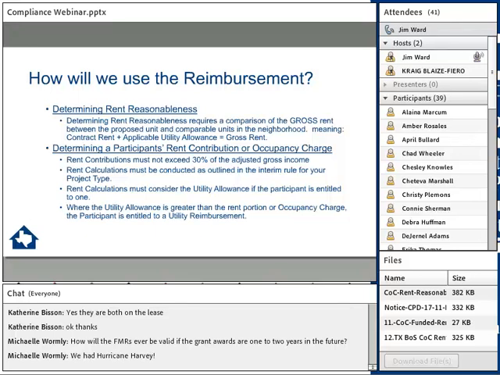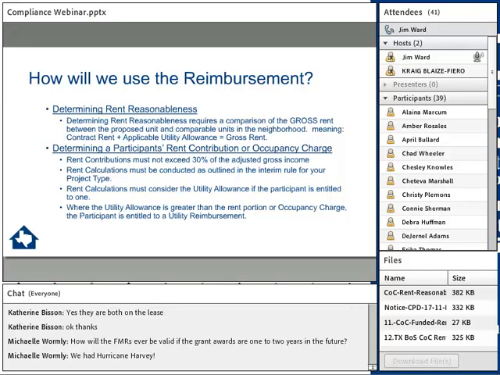You're also going to use the allowance or reimbursement when you're determining a participant's rent portion. So in general, rent contributions are not to exceed 30% of the adjusted gross income of the individual or household. And rent calculations are to be conducted as outlined in the interim rule for your project type.